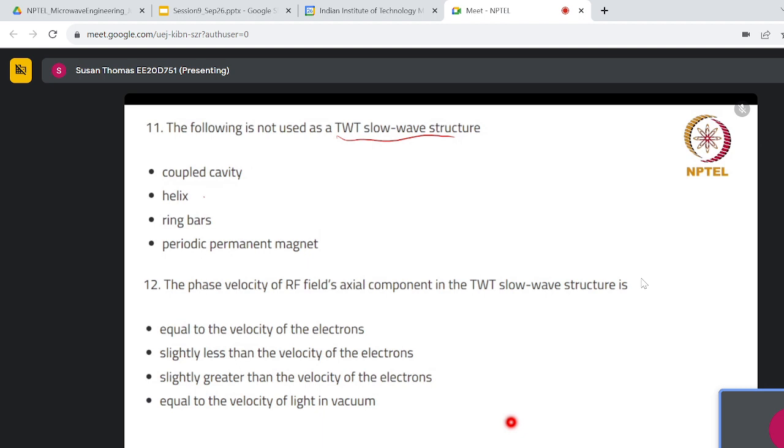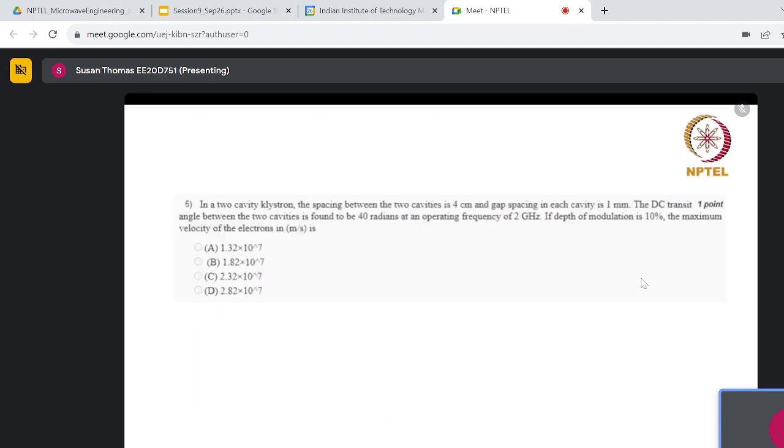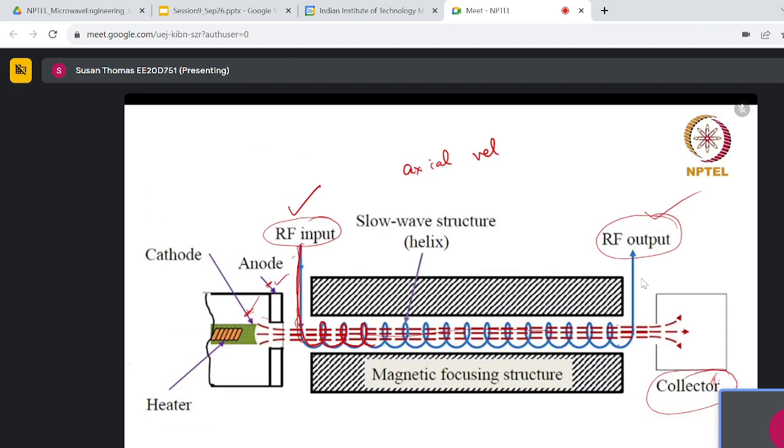So if you remember, you have this TWT. Here you have a magnet, which is a magnet focusing structure. So this magnet is providing a field here. The magnetic field is provided by the magnet there. The helix is basically slowing down the electron.